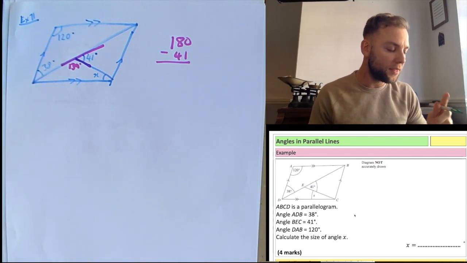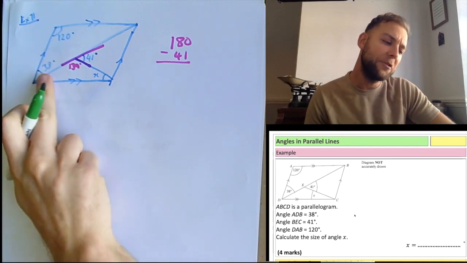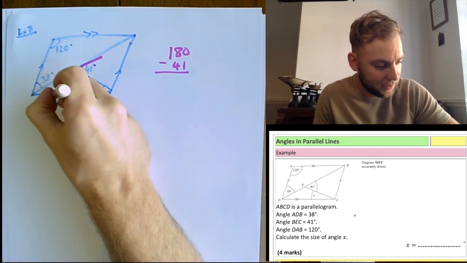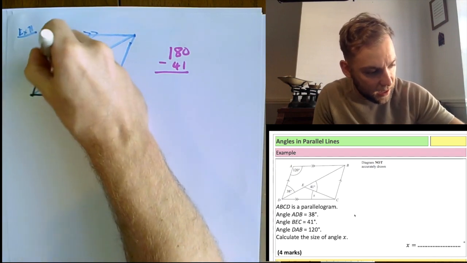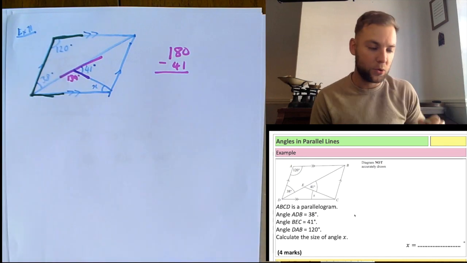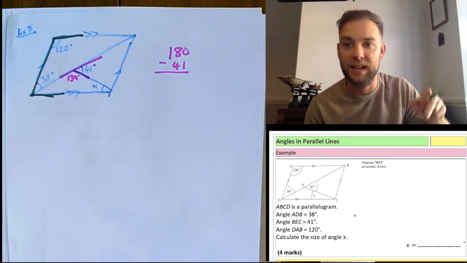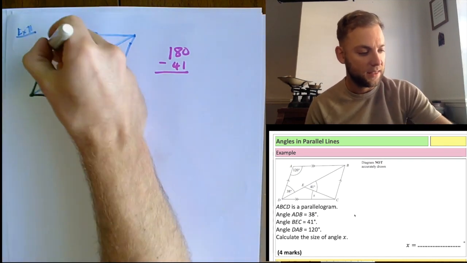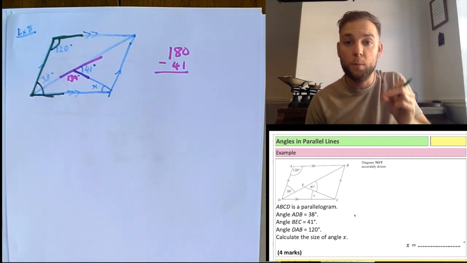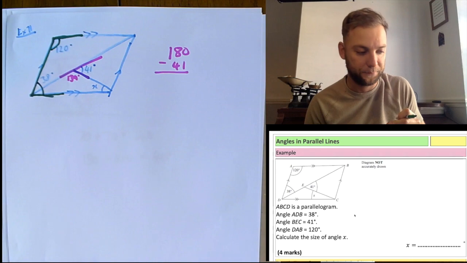So, the next thing I think about is, how can I get this angle here? Because these are parallel, you might spot here that this here is the C that we were talking about right at the very beginning, so co-interior angles, which means that this angle here and all of this angle sum to 180, okay?